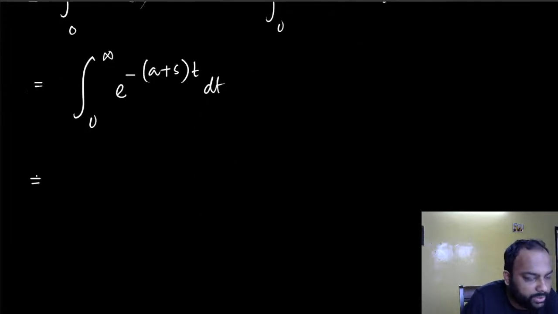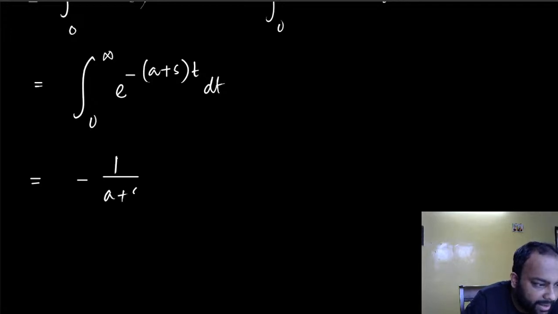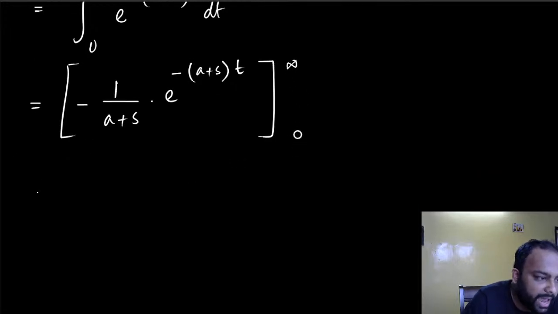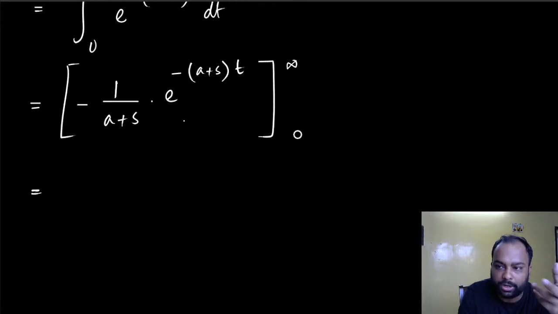If I do this, it becomes minus 1 by a plus s into e to the power minus a plus s t, with limits from 0 to infinity for t.